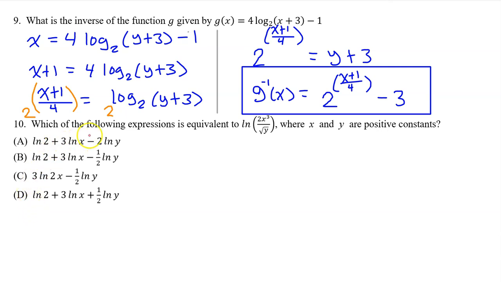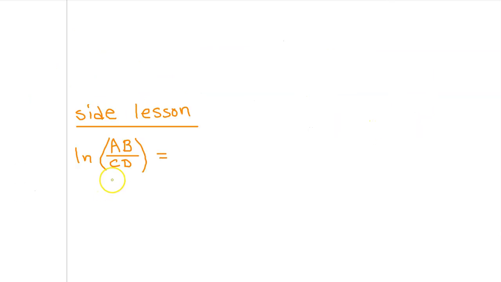Number 10. Which of the following expressions is equivalent to natural log of 2x to the third power over the square root of y, where x and y are positive constants? Quick side lesson. If you have the log of an expression involving multiplication or division, you can expand this into the sum or difference of logs with a term for each factor.